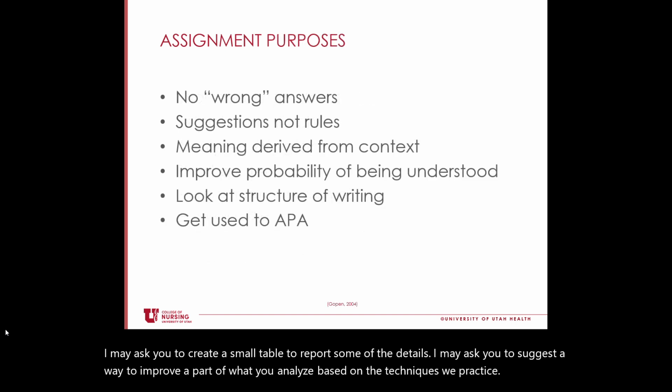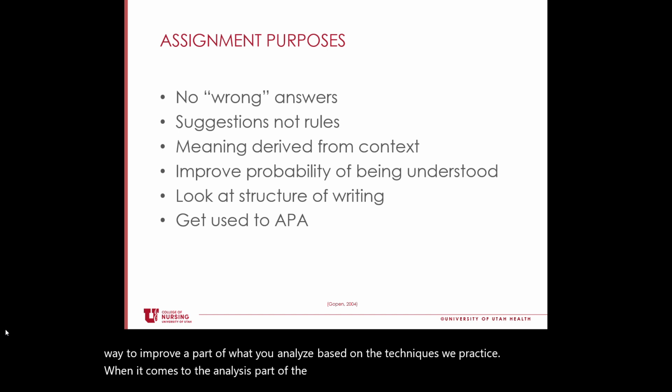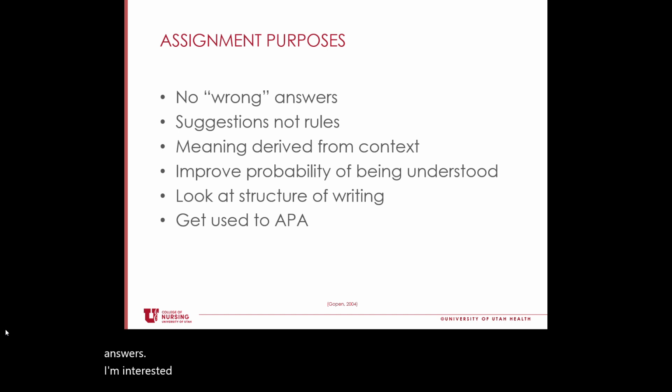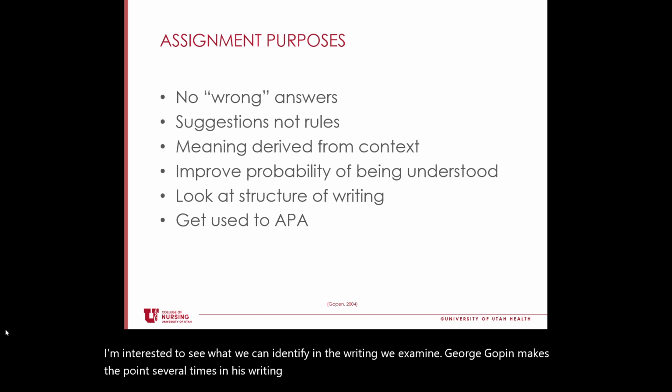When it comes to the analysis part of the assignment, there aren't really right and wrong answers. I'm interested to see what we can identify in the writing we examine. George Gopin makes the point several times in his writing that his intent is not to create a rigid set of rules. All meaning is derived from context and interpretation.